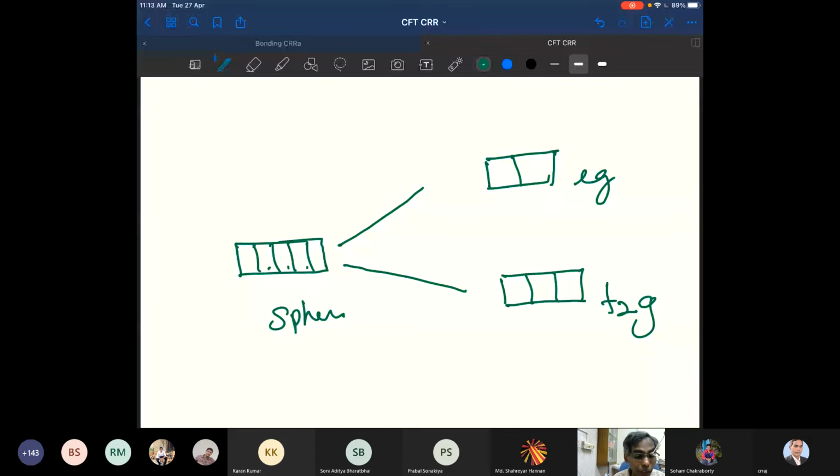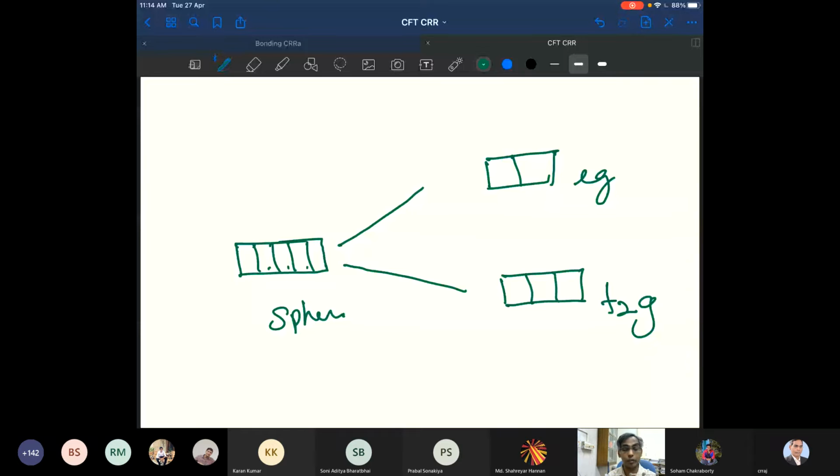So basically, when this kind of splitting takes place and I bring a ligand along the faces of the cube, the orbitals that are along the axis experience more repulsive interaction compared with the orbitals lying in between the axes. It does not mean the T2G orbital does not experience any interaction.